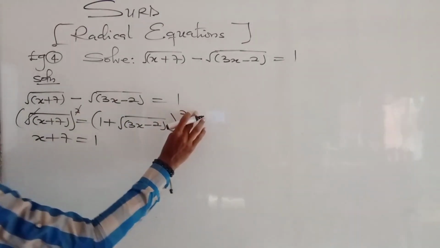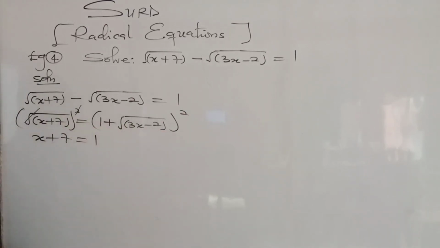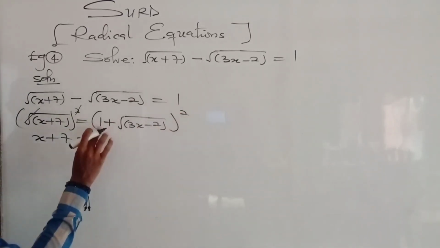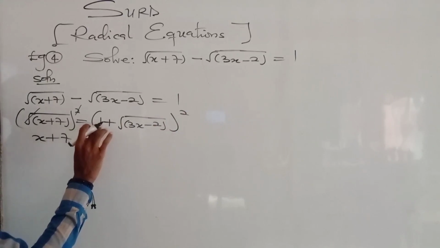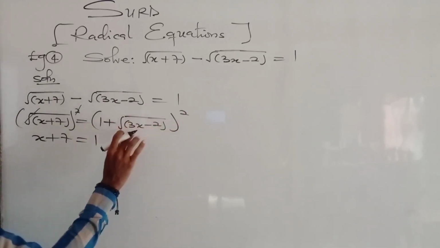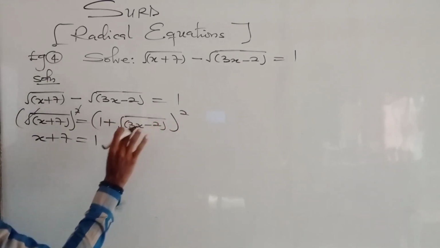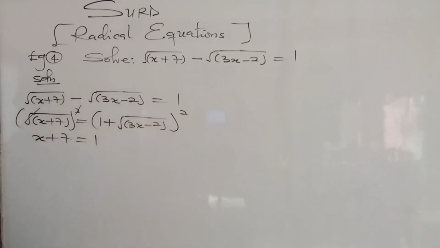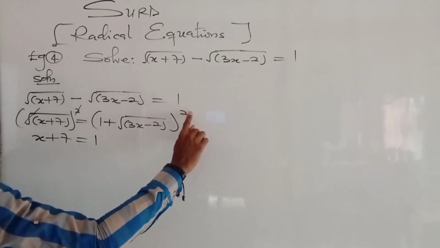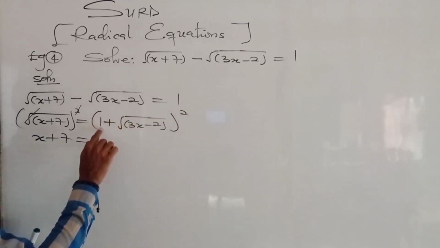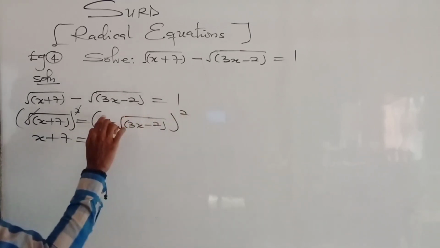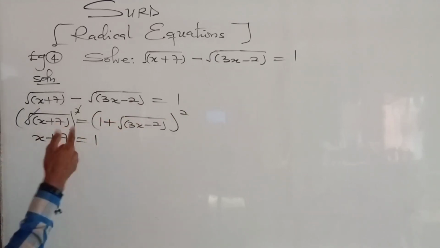Then now the power 2 will multiply everything in the bracket. Let me go over one more time. First the power 2 here squares the first term, which is the 1, so it gives 1.